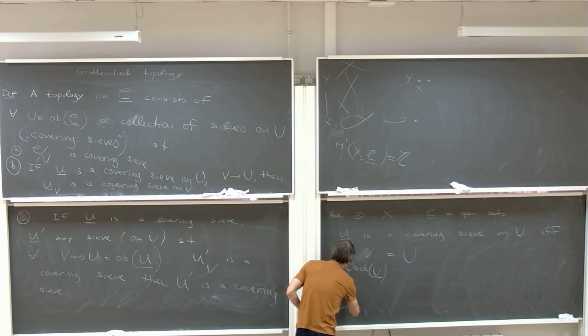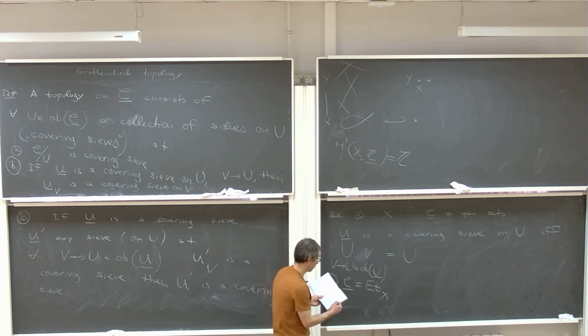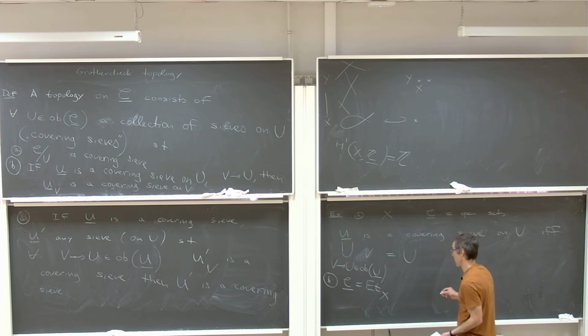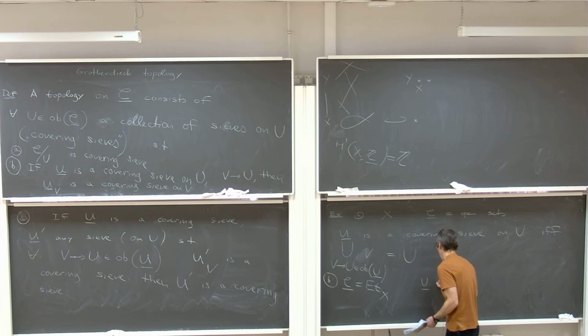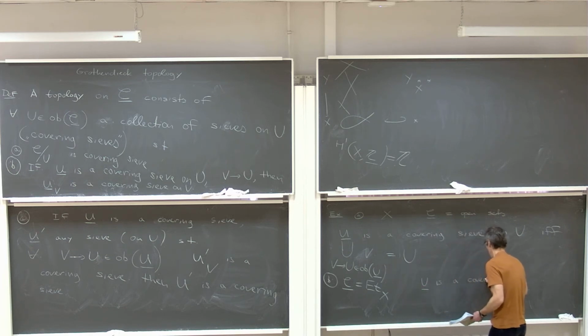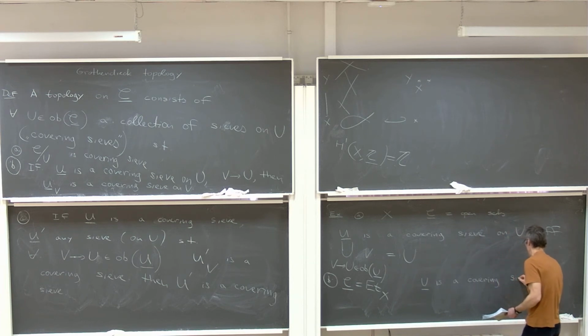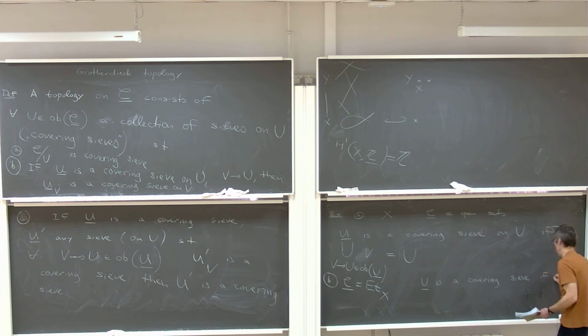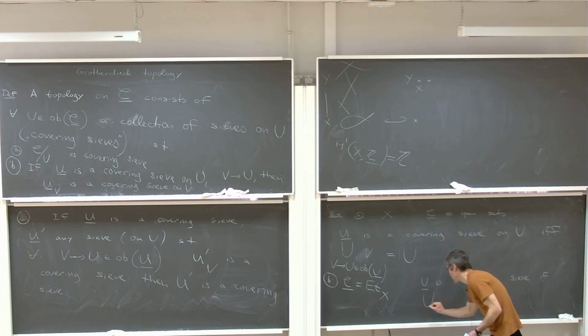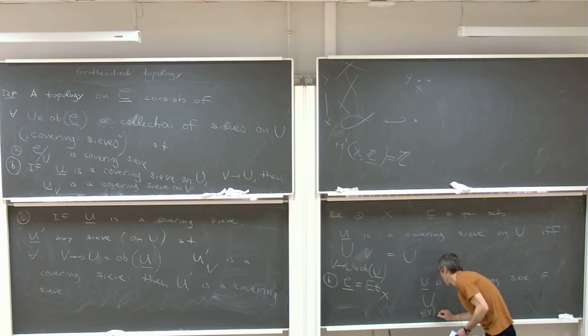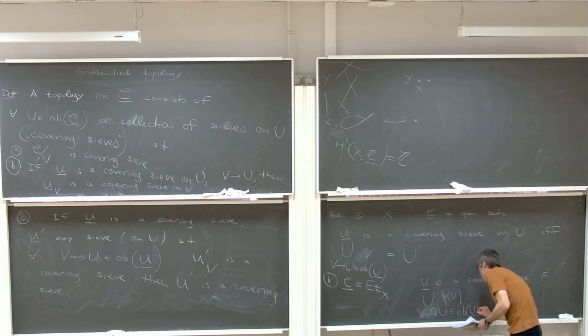We take for C the category of étale morphisms, and we say that a sieve on U is a covering sieve if the union of images, so φ(V), where φ is an object of the sieve, is all of U. Again, what is a sieve?